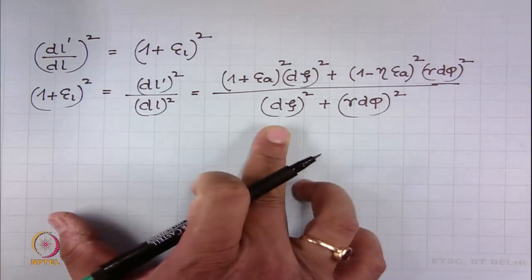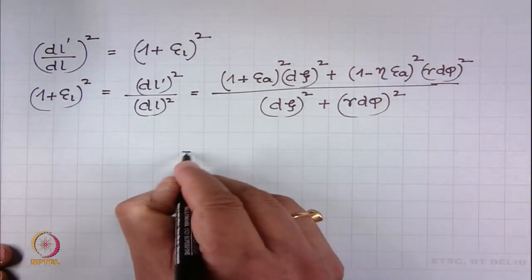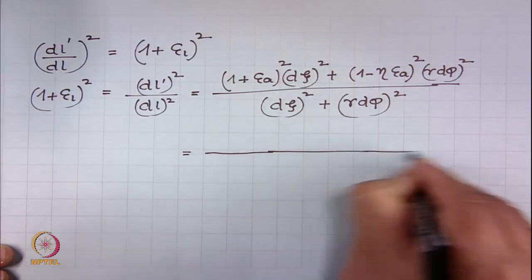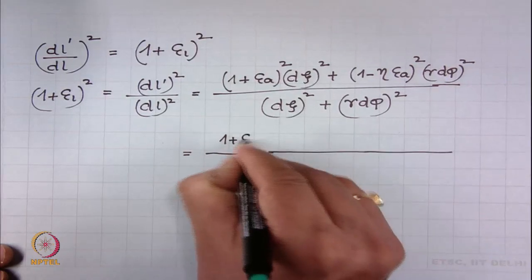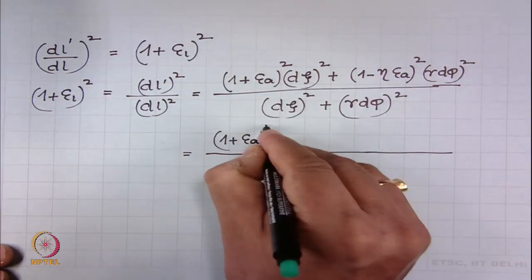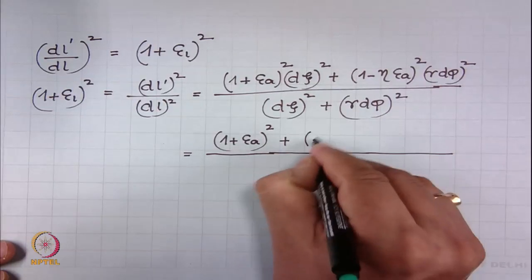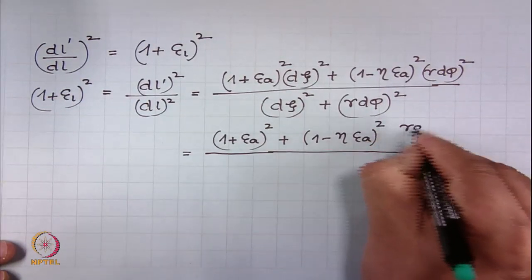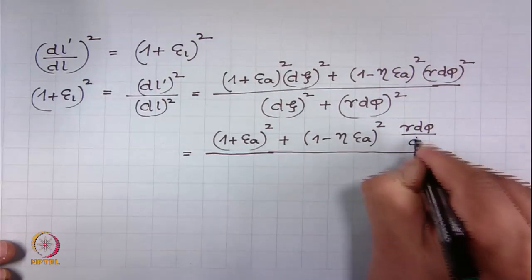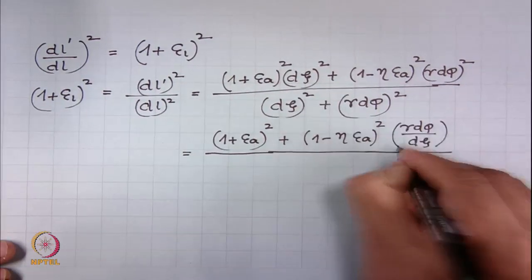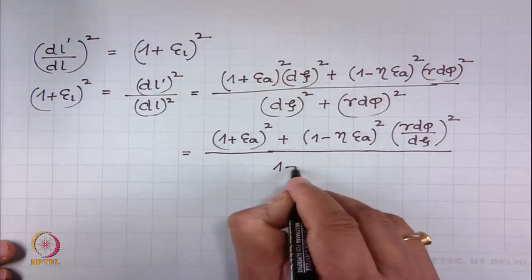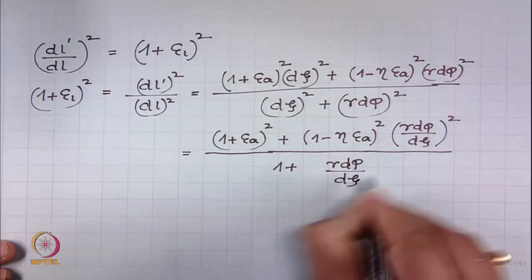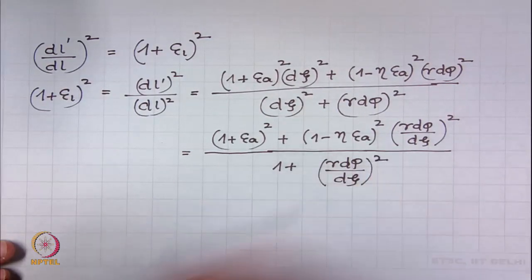Let us see what we obtain. One plus epsilon a square plus 1 minus eta epsilon a square r d phi by d zeta square, divided by 1 plus r d phi by d zeta square.